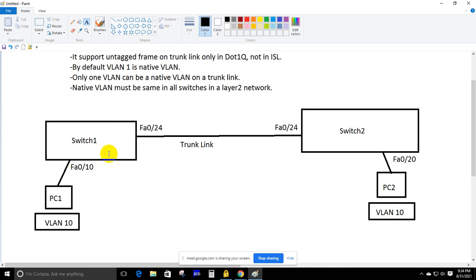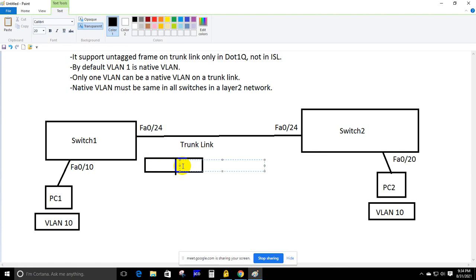That means switch 1 has to forward this frame over the trunk link to switch 2. Only then can switch 2 forward that frame to PC2. So what will happen? Switch 1 tags the frame with its VLAN ID, which is 10.